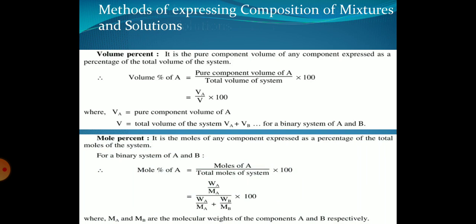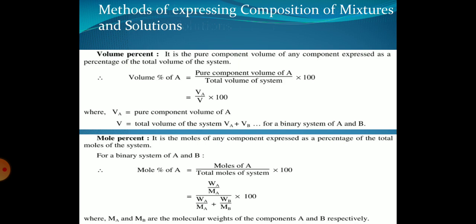Now you know that moles of A will be equal to weight of A divided by molecular weight, so it will become WA upon MA, where WA stands for weight in grams of component A, divided by total moles of system.